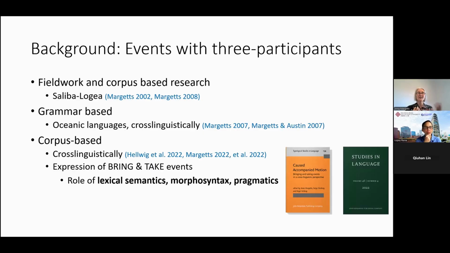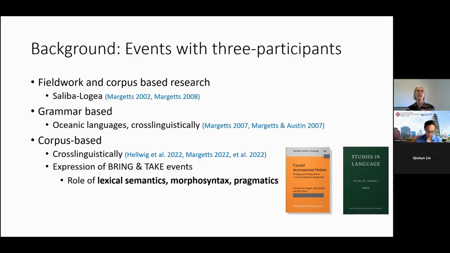Okay, background in terms of where I come from. I have worked mainly on Saliba-Logea and kept coming back to research that looked at the encoding of events. So how certain events are encoded in language.